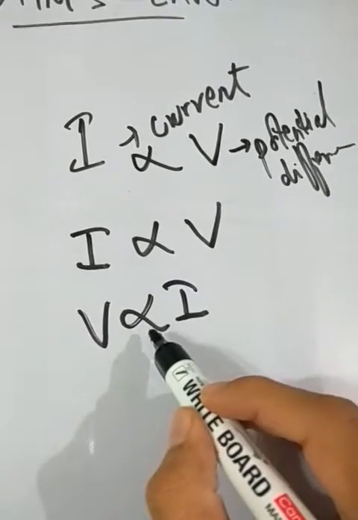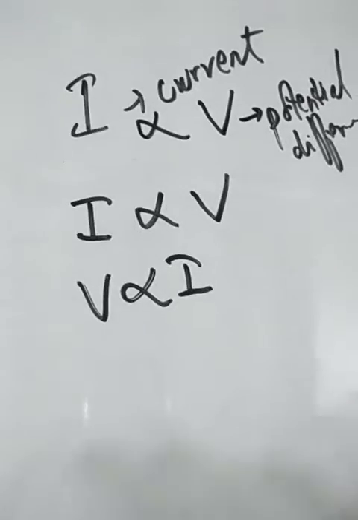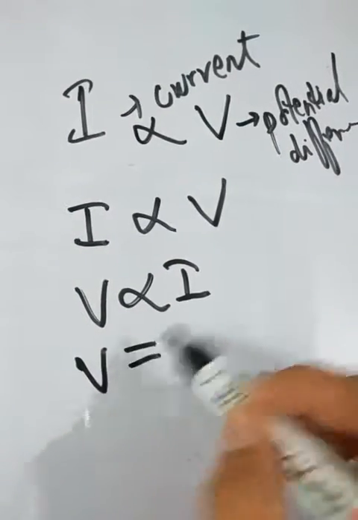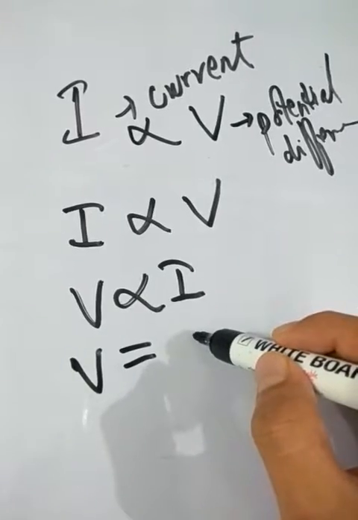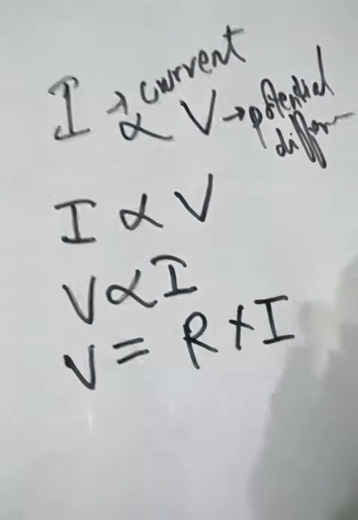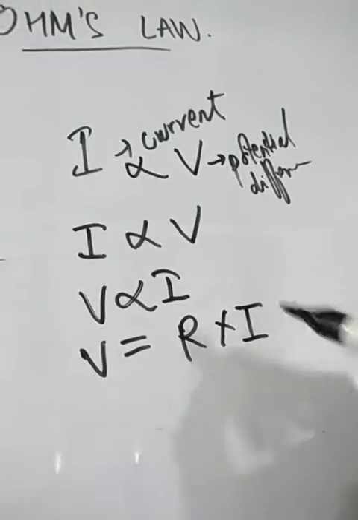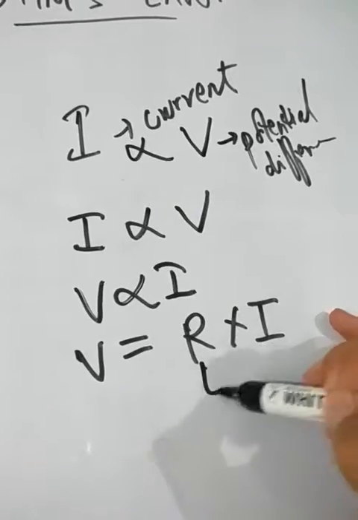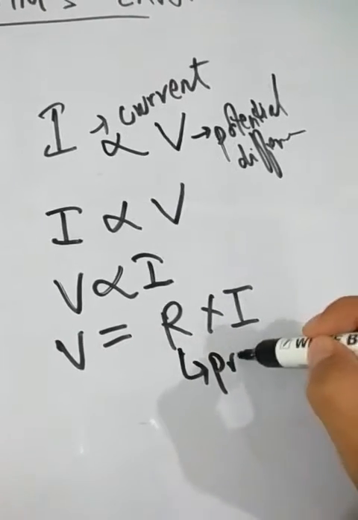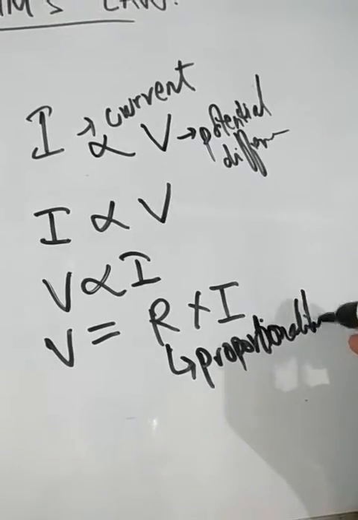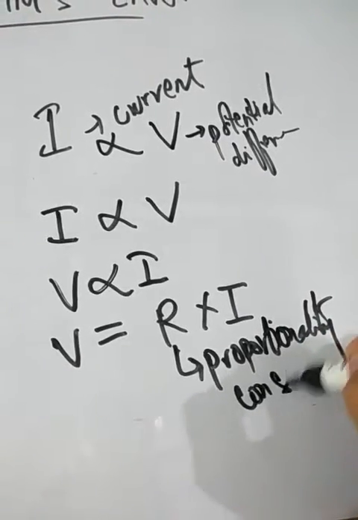To replace the sign of proportionality, we say V equals R into I, where obviously, as you can see, this R has come in as a proportionality constant.